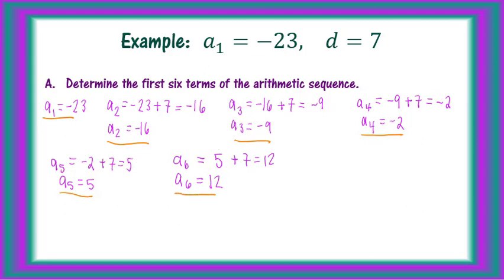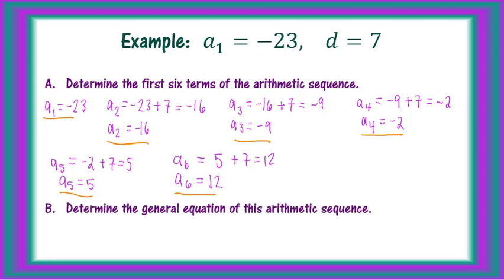From that, I would like to be able to determine the general equation for this particular arithmetic sequence. Now, I already have the information that was given earlier, the first term and the common difference, so I am going to use the general formula again, which is a sub n equals a sub 1 plus d times the quantity of n minus 1. I'm simply going to substitute the information that I know.